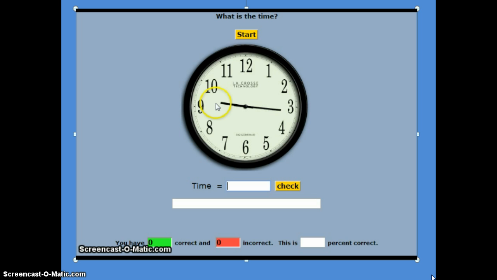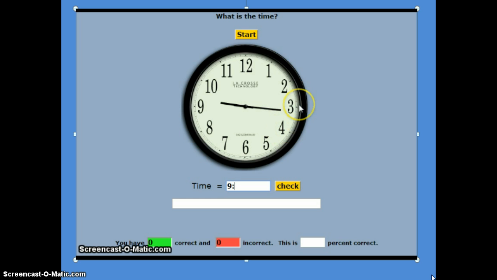If I look over here, it is between the 9 and the 10. It still has not passed the 10 yet, so it is still 9 o'clock. So I'm going to go ahead and write my 9, my colon, and then I'm going to look at my minute hand. It is between the 3 and the 4.